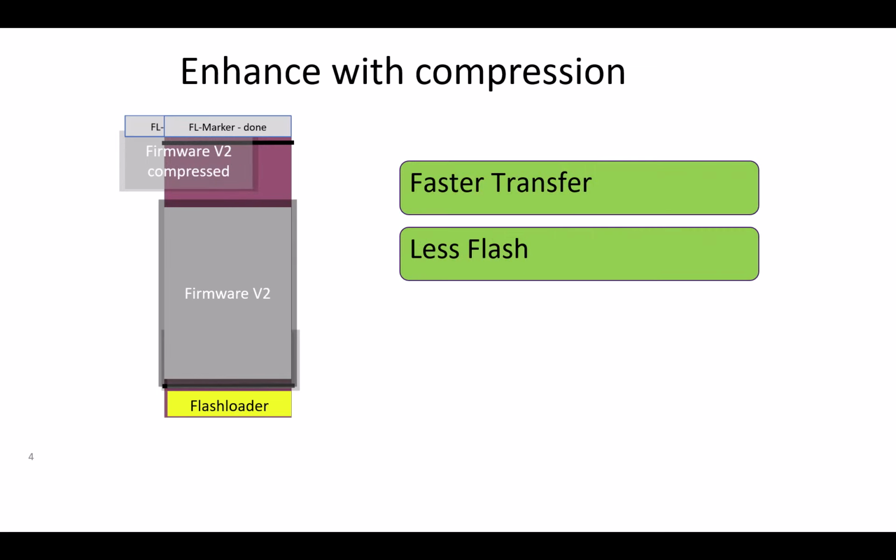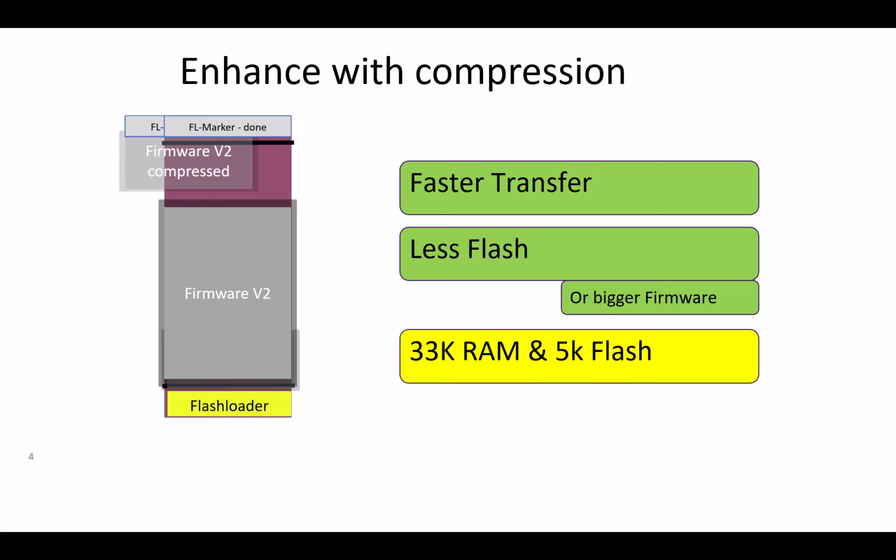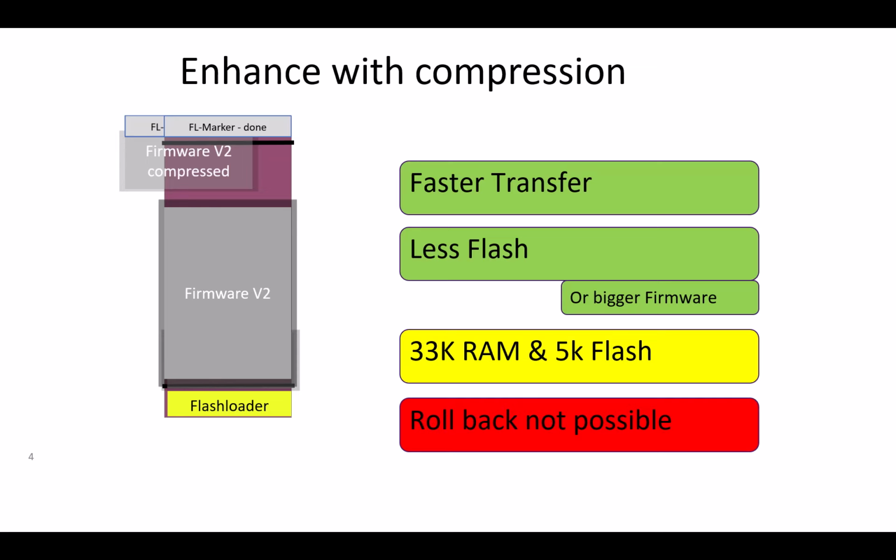We need less flash, or we can add a bigger firmware, as we see in this example. We need a bit more resources in the bootloader for the unzipper. But rollback is not really easy. Well, you can do it if you compress and not only decompress, but that's not as easy as a decompression.